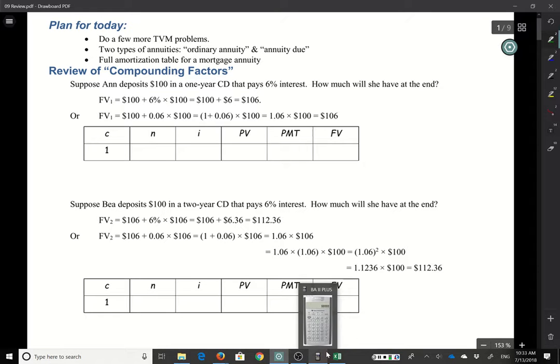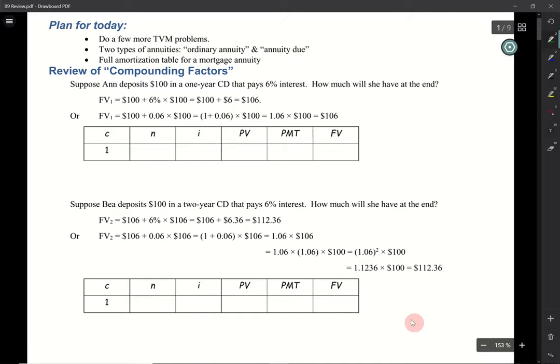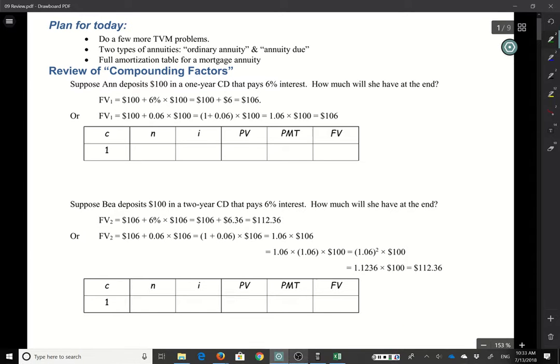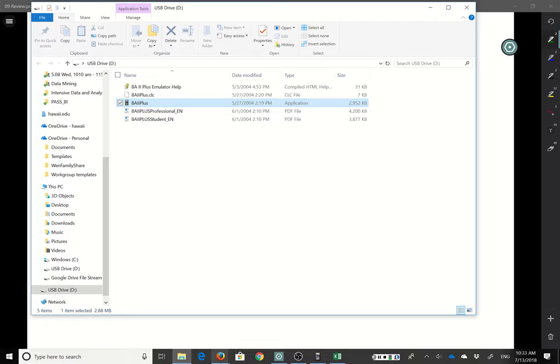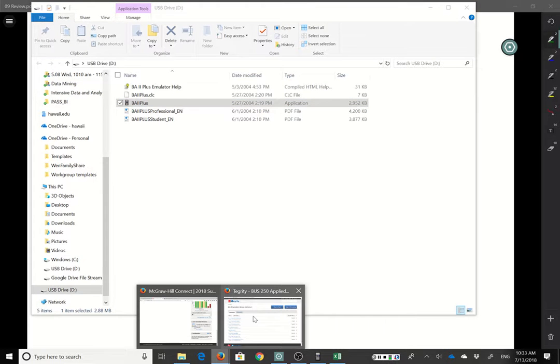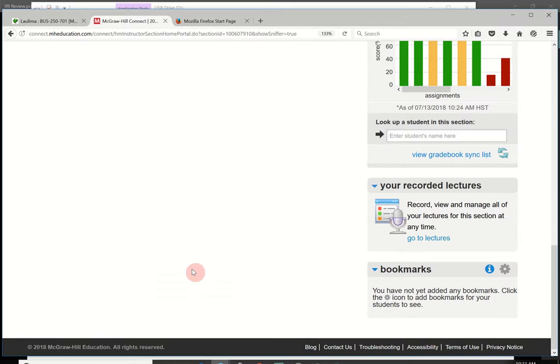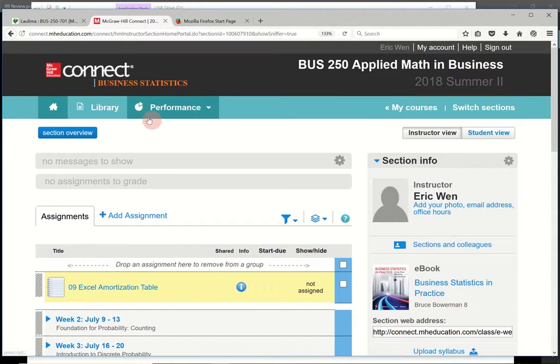Over on Laulima, under syllabus, there's a handout, and also on that page there's another handout on keyboard shortcuts.